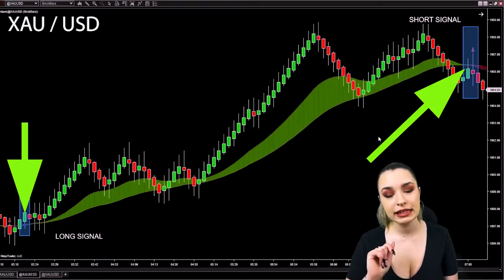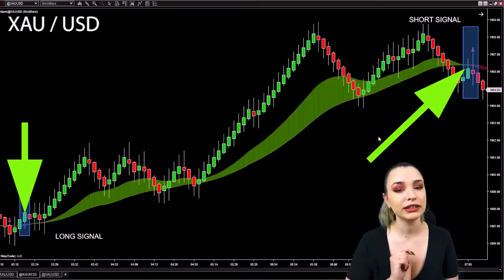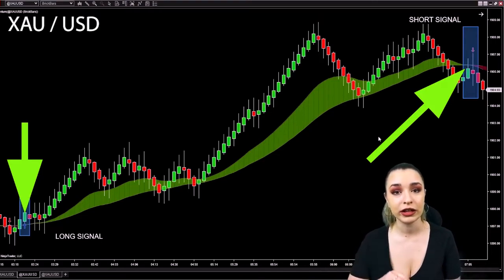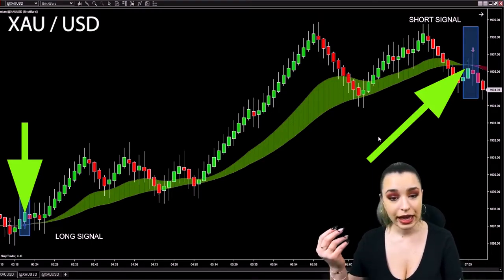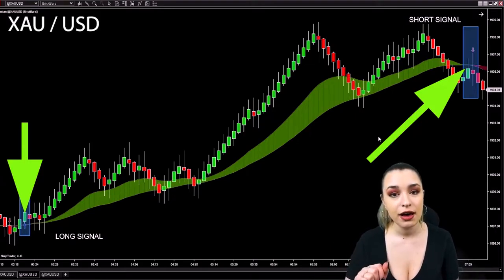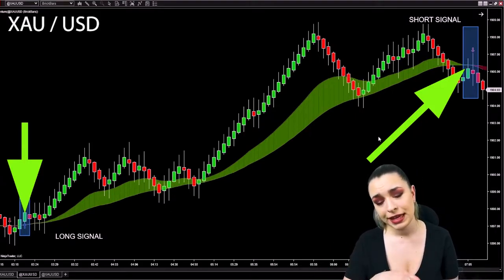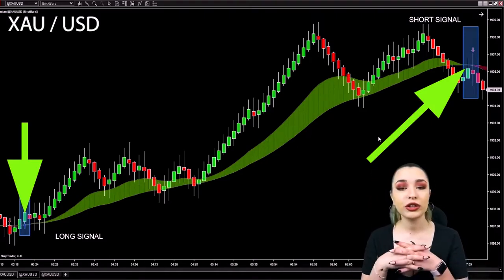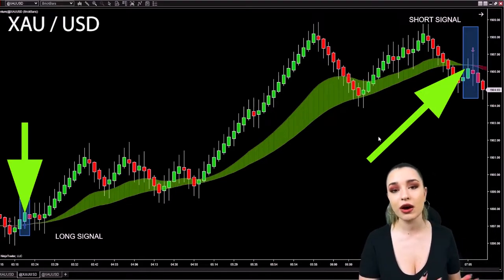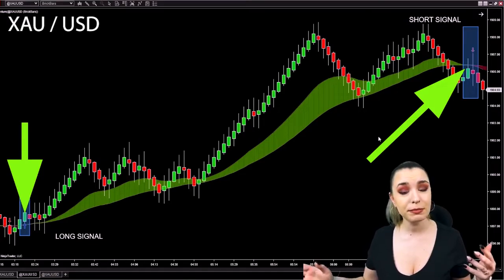If we take the starting point, which is 1896, and the potential highest point, which would be 1909, and you take the difference, you would have a potential of 13 points. Now, for those of you guys who are new to the market, points are not pips, but don't worry about it. I'll just quickly show you guys how you can calculate your pips based on your points.